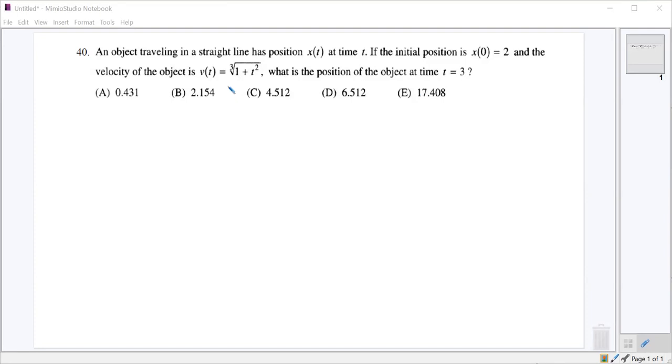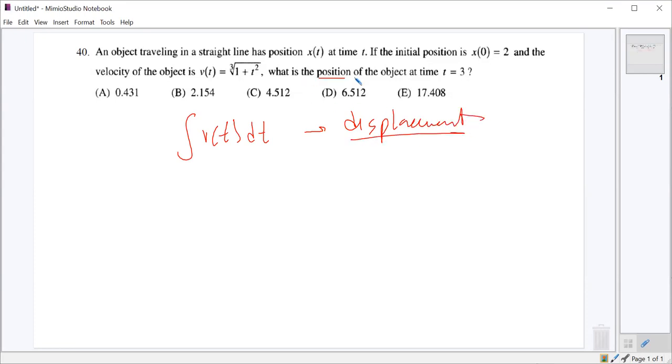So the integral of velocity, the integral of v of t dt, is displacement. And that's exactly what we do when we're looking for position. We just have to take our initial condition, which is that at t equals 0, it's at 2, and then add that to the displacement from 0, the time that it's at a position of 2, to 3, the time that we're interested in, of our function.